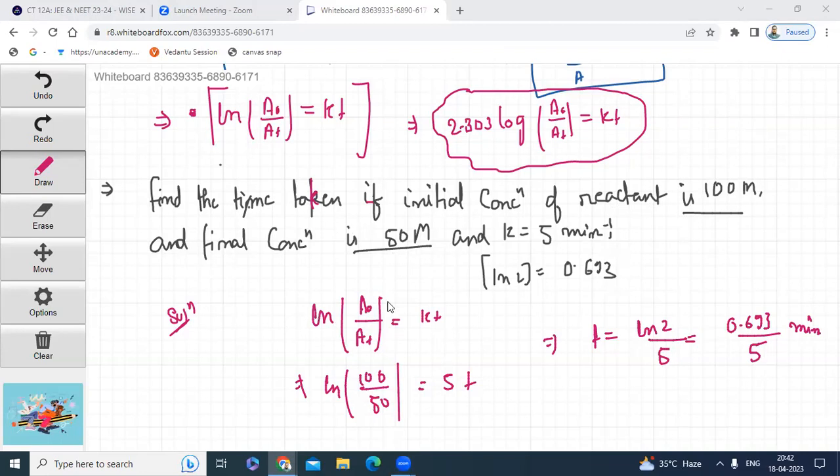If you are writing that ln A naught by AT is equal to K into T, A naught की वैल्यू 100 के इक्वल है, फाइनल कॉन्सेंट्रेशन की वैल्यू 50 के इक्वल है, K की वैल्यू 5 के इक्वल है। टाइम की वैल्यू ln2 डिवाइडेड बाय K, यानी 0.693 डिवाइडेड बाय 5। किसी तरीके का कोई डाउट?